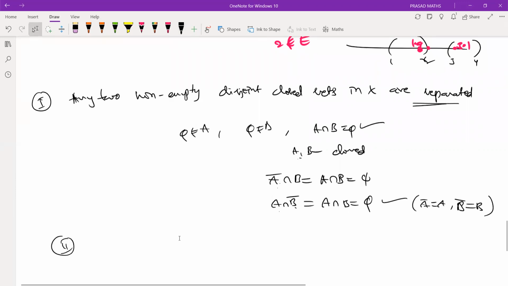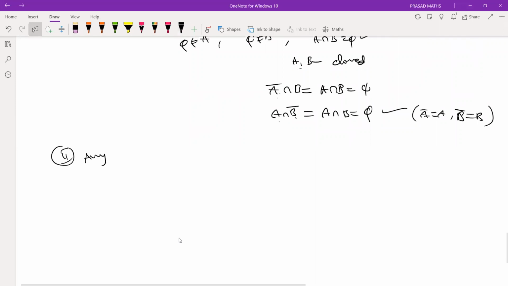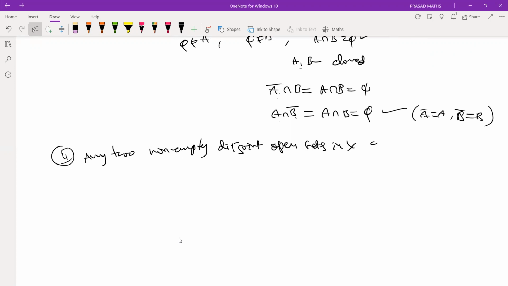The second one: any two non-empty disjoint open sets in a metric space are separated. Suppose A and B are two disjoint non-empty open sets.